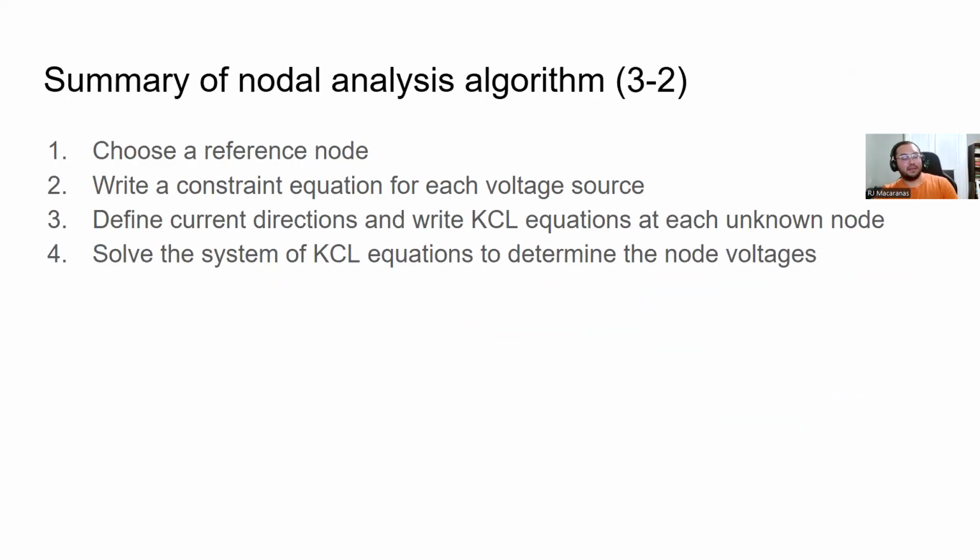So anyways, this is just a summary of the nodal analysis algorithm. We choose a reference node. We write the constraint equations for each of the voltage sources. We define the current directions and write KCL equations, and we solve the KCL equations to determine all of the node voltages. So yeah, great analysis technique.